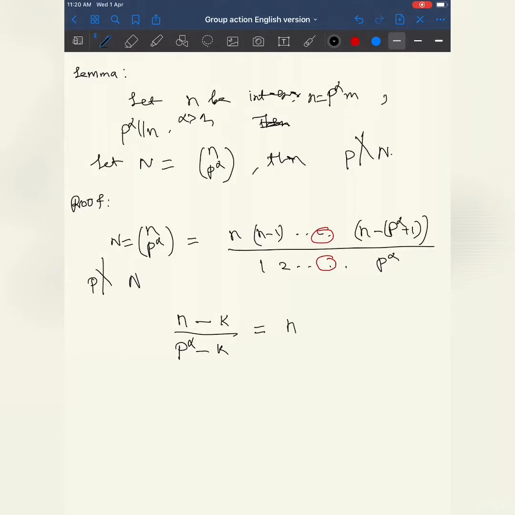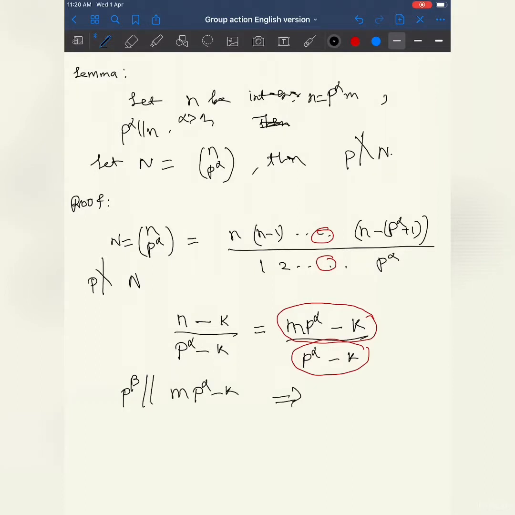Okay, that is equal to m p power alpha minus k, and the denominator is p power alpha minus k. Remember, suppose this k is a multiple of p also. Let's say I take p power beta, the maximum power that divides m p power alpha minus k. That implies p power beta will divide p power alpha minus k. Okay, beta is less than or equal to alpha. Remember that.